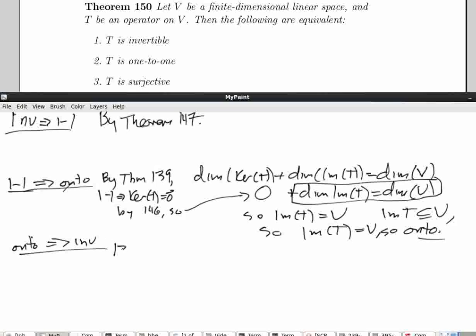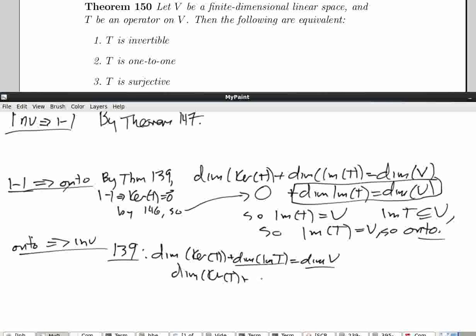But I'm first going to start with 139, which I just used, which says dimension of the kernel of T plus dimension of the image of T equals dimension of V. And if I know it's onto, that means that these two things are equal. So dimension of the kernel of T plus, replacing the image with V, dimension of V.